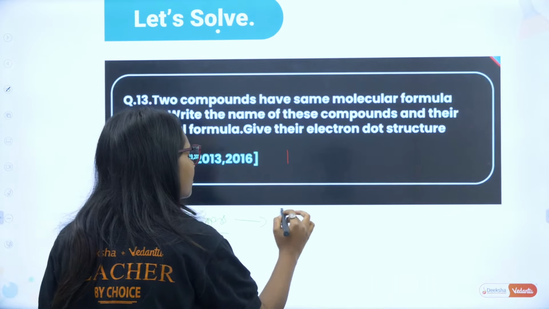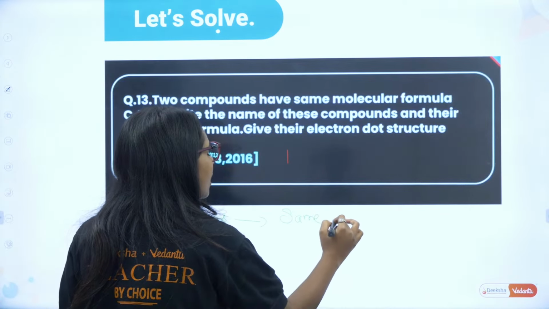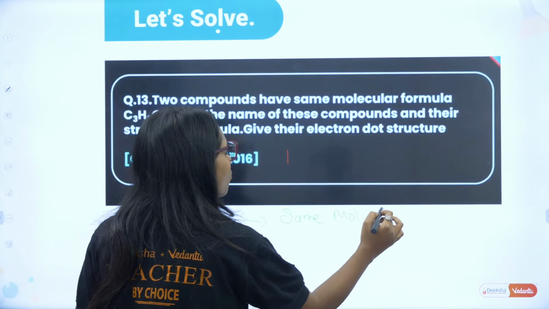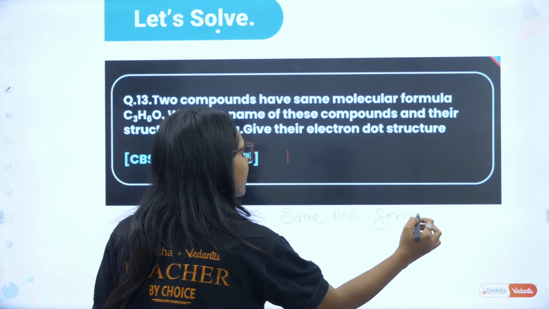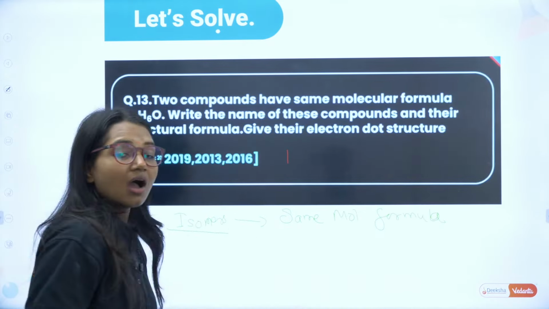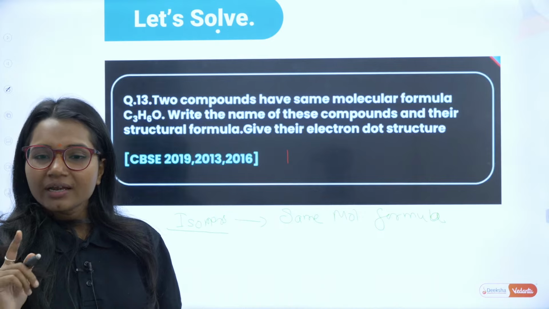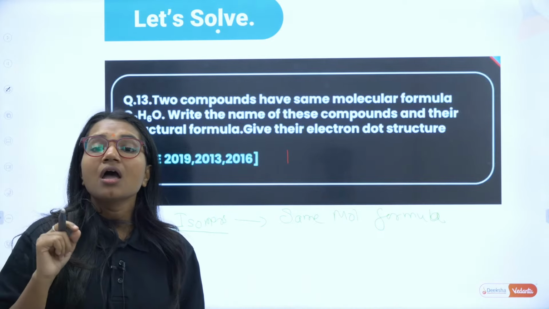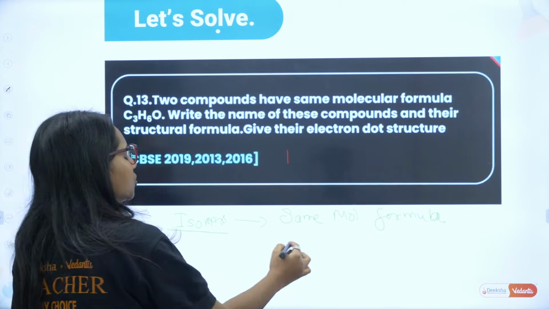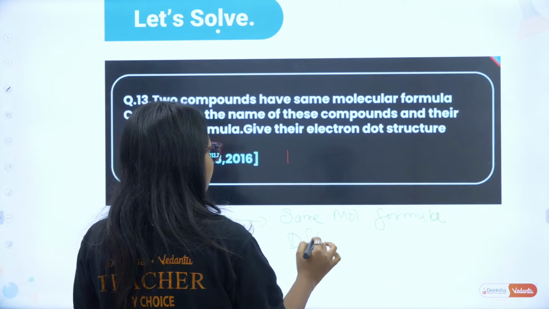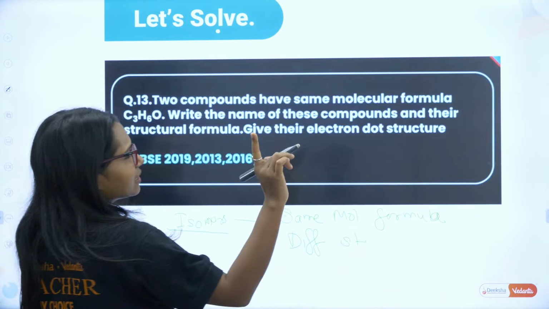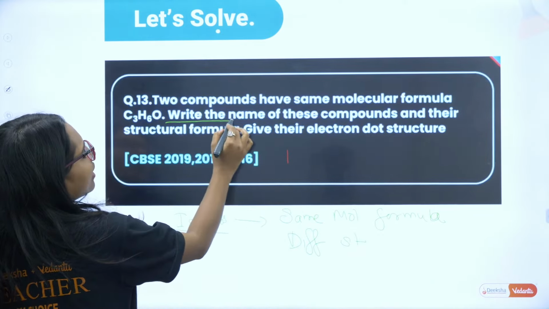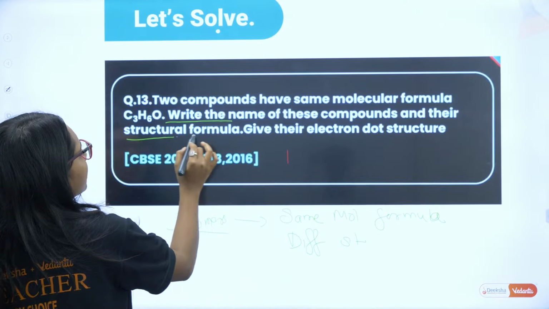Isomer means what? The compound containing the same molecular formula, but different. Absolutely correct, Dhanush. But different structure. Correct? So, one answer you got. Write the names of these compounds and their structural formula.